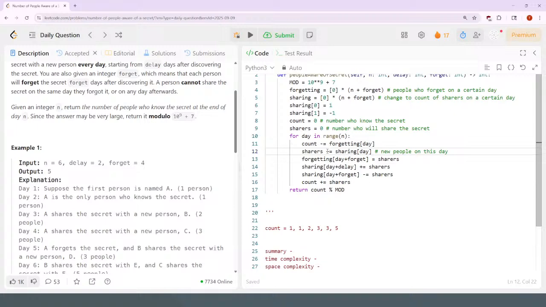The shares is a running amount of people who are sharing it, and forgetting on this day plus forget number of days is going to be the number of shares. Why is that?